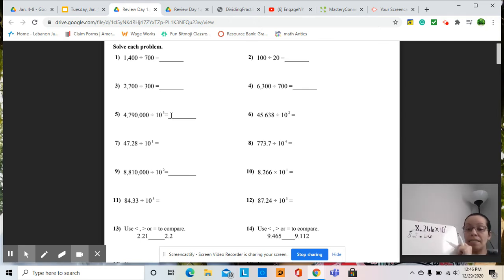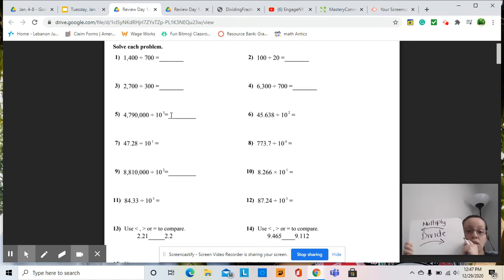It multiplied by 10. So as a rule of thumb, whenever I multiply, I move to the right, okay? Whenever I divide, I move the numbers to the left.